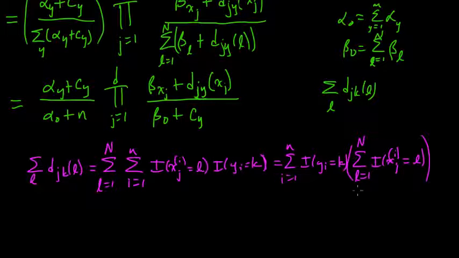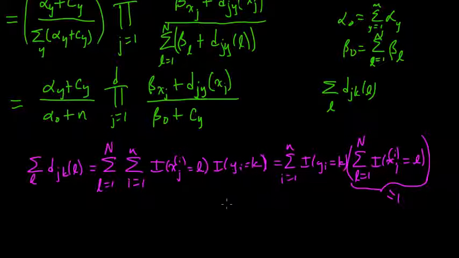But every feature xij equals some l, and exactly one, it takes only one of those values, so this is just 1.